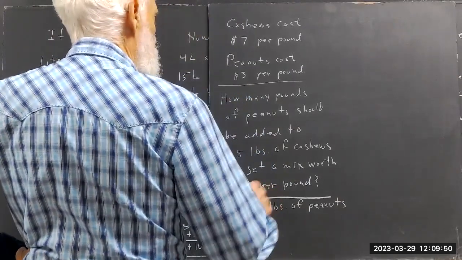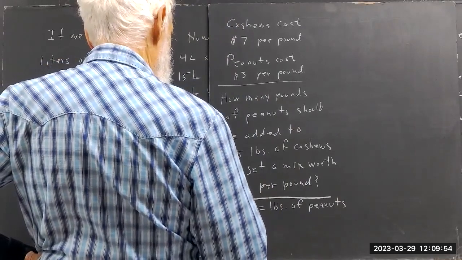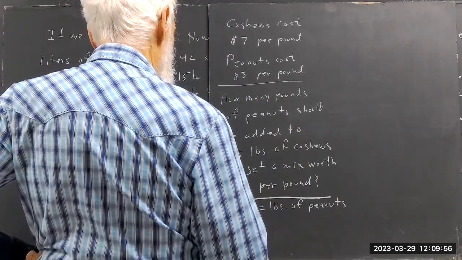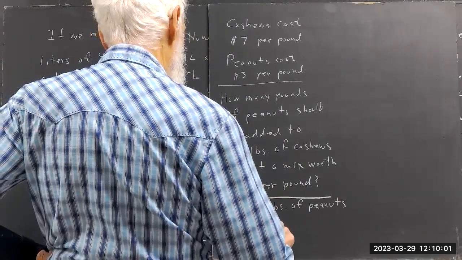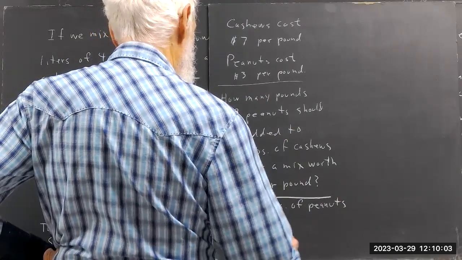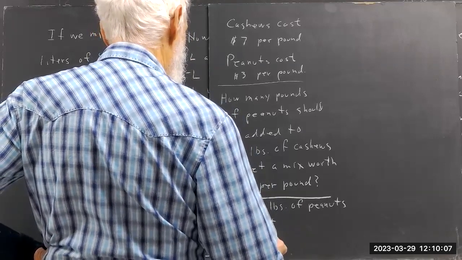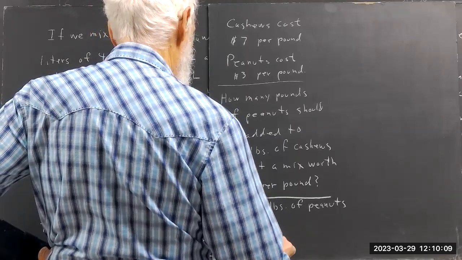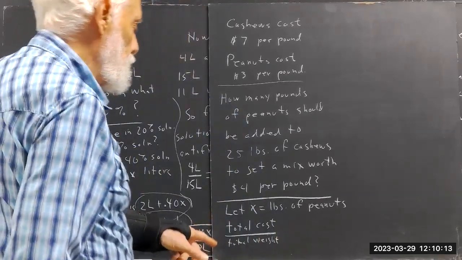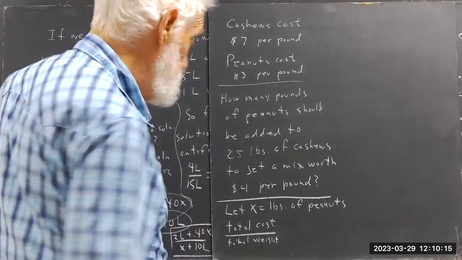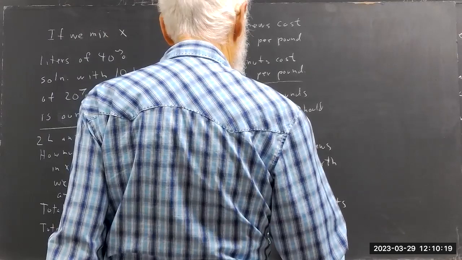Now, we want $4 per pound, so we want the total cost over the total weight to equal 4.